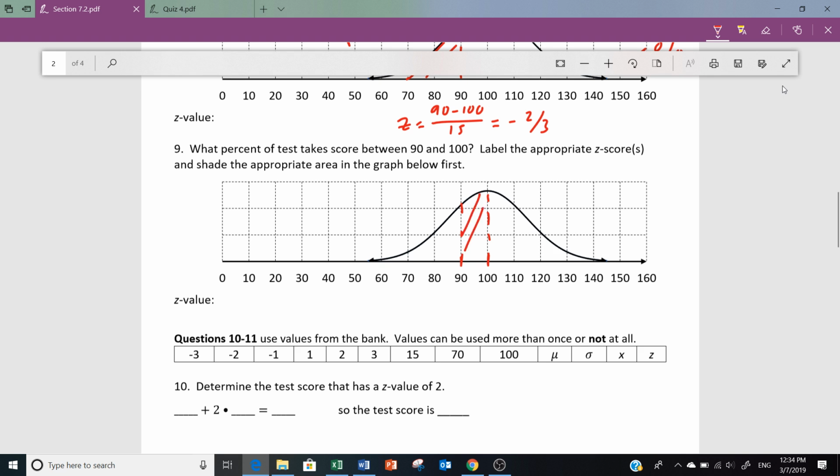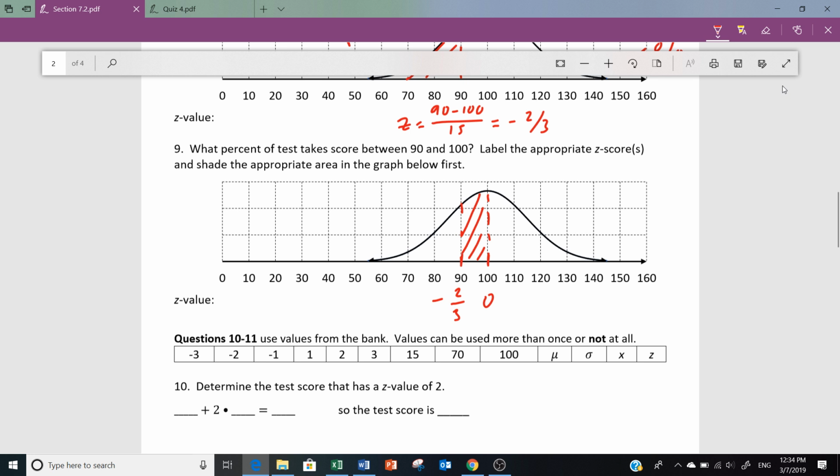So I need to do the z values. What's the z value of 90? The z value of 90 is negative 2/3. And what's the z value of 100? 0.